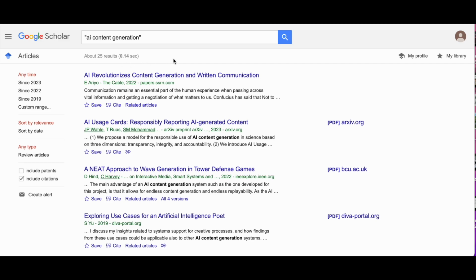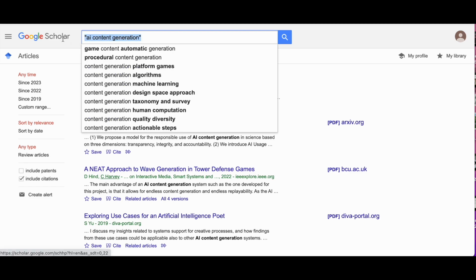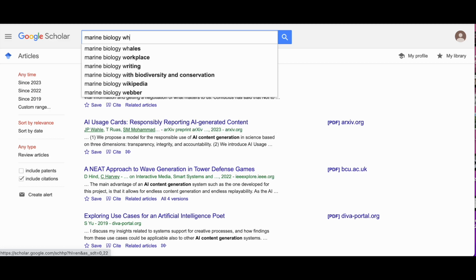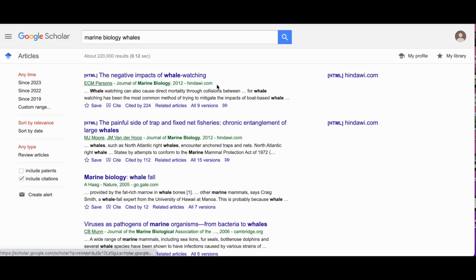But you'll see this is actually a pretty good search for Google Scholar, because it got me 25 results. You can see that if I search for something much more general, so let's say marine biology, whales, 220,000 results. So that's a super general search, but that's one thing that you're going to want to think about too in constructing your searches.